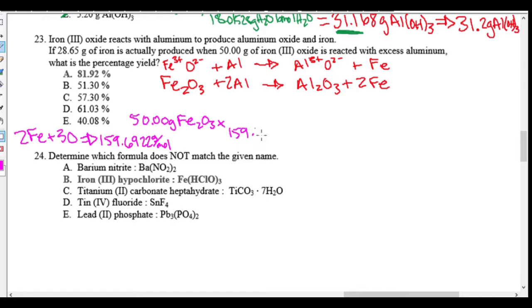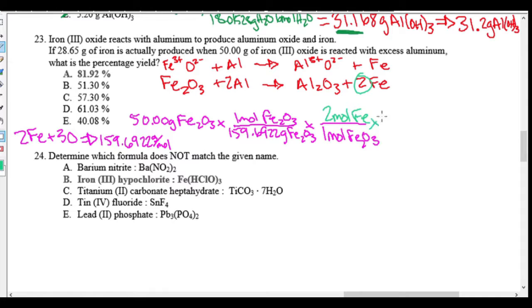So 159.6922 grams of Fe2O3 and 1 mole of Fe2O3 times, for every 1 mole of Fe2O3, we get 2 moles of Fe, and then 1 mole of iron is 55.847 grams of iron.